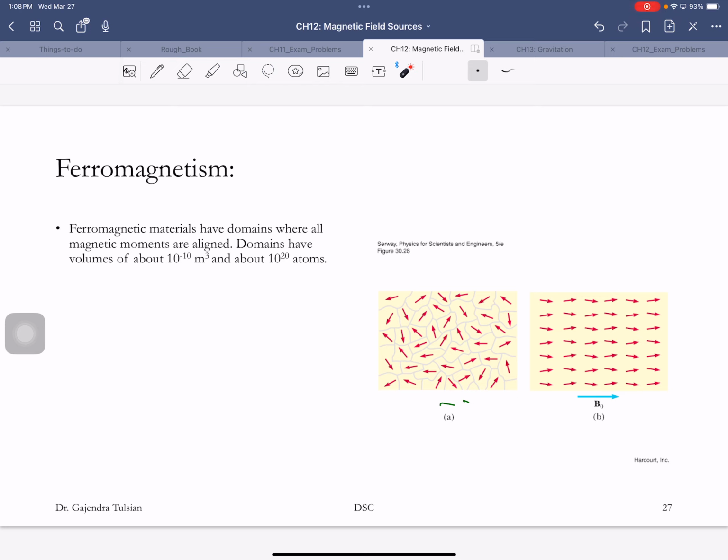What this is showing you is the size of a small grain of sand, and this is called a domain. In this domain, there are about 10 to the 20 atoms, and all those individual atoms' magnetic moments are aligned. But look at this next grain, they're aligned, but that magnetism is pointing in that direction.